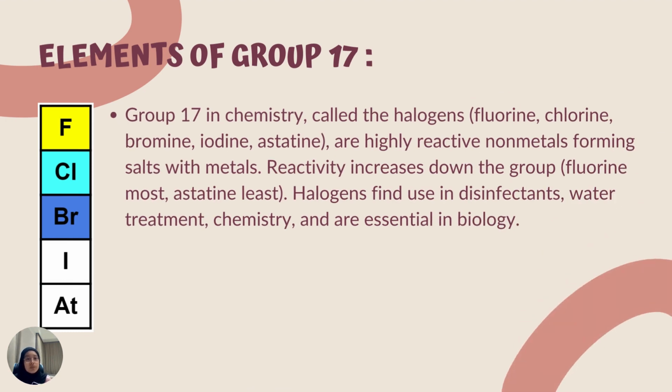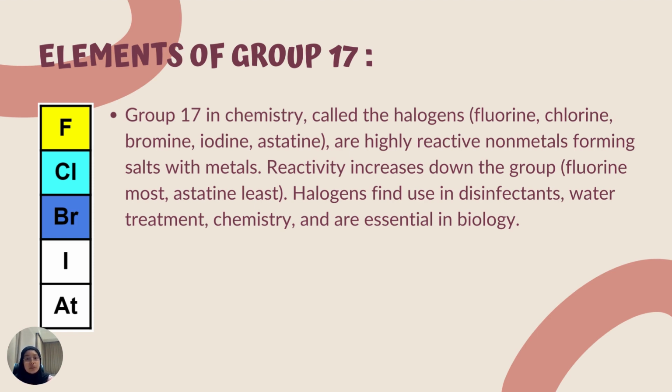Moving on to the elements of group 17. Group 17 in chemistry are called halogens. In this group 17, we have fluorine, chlorine, bromine, iodine, and astatine. These are highly reactive nonmetals forming salts with metals.